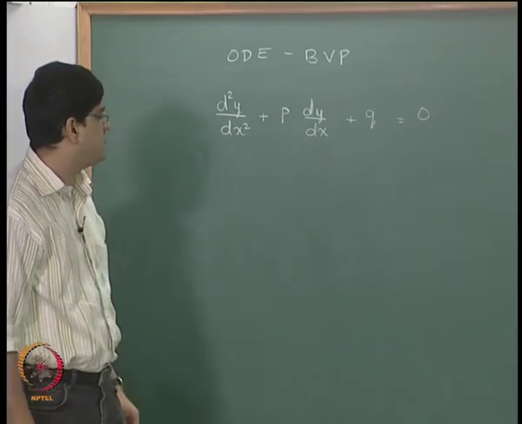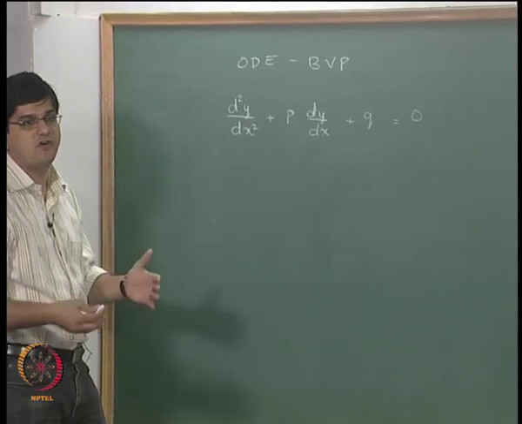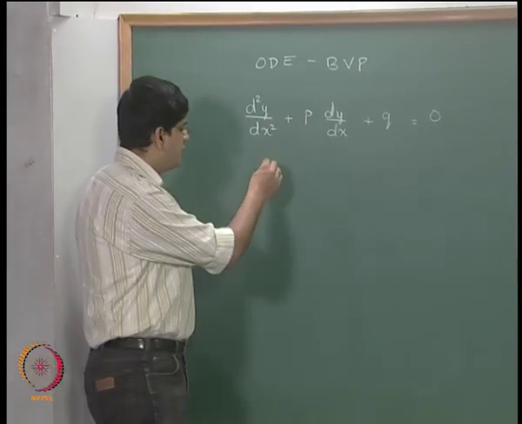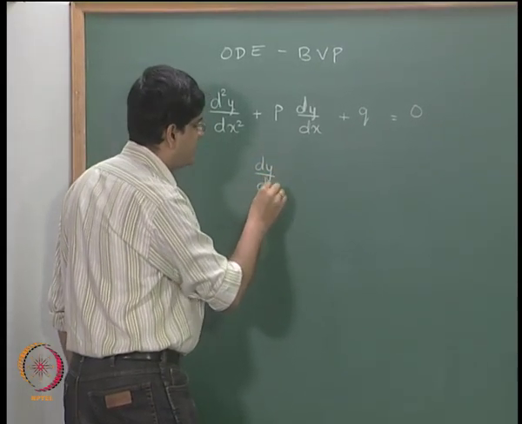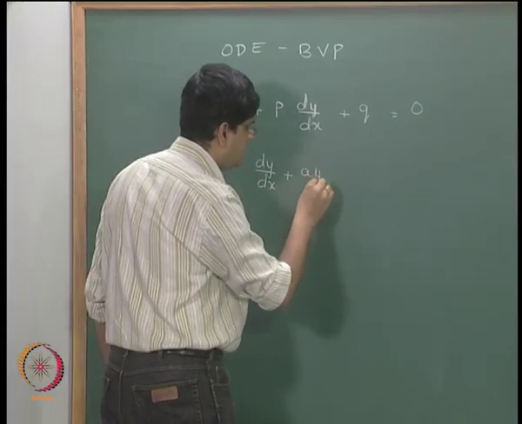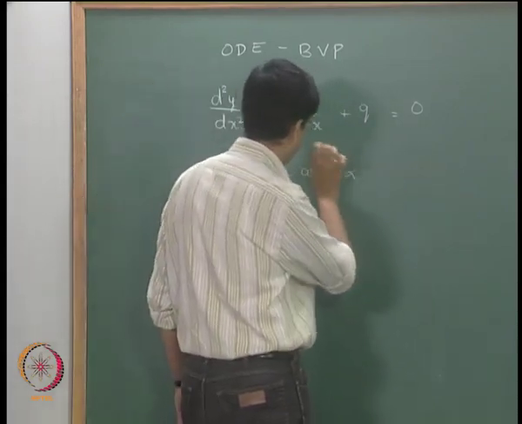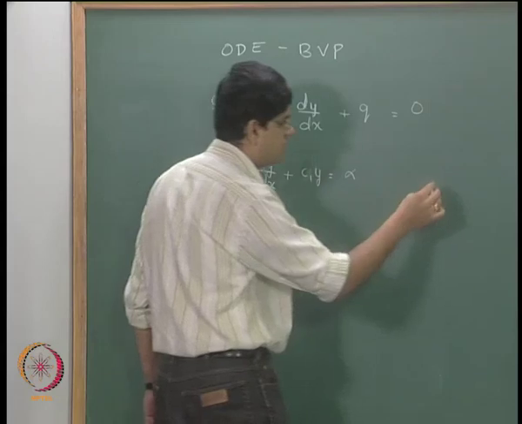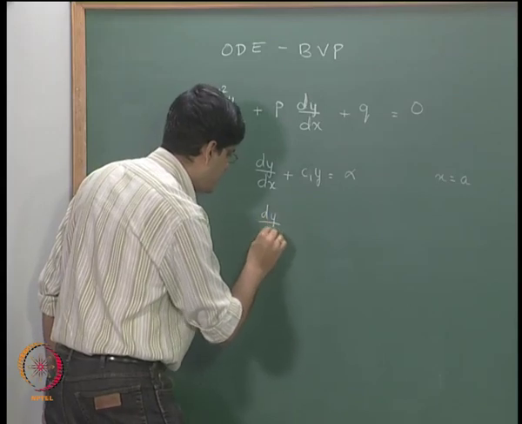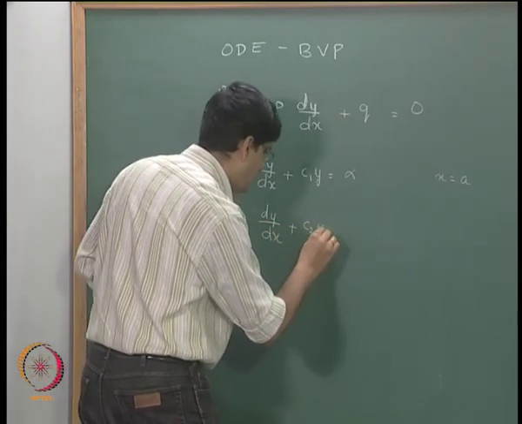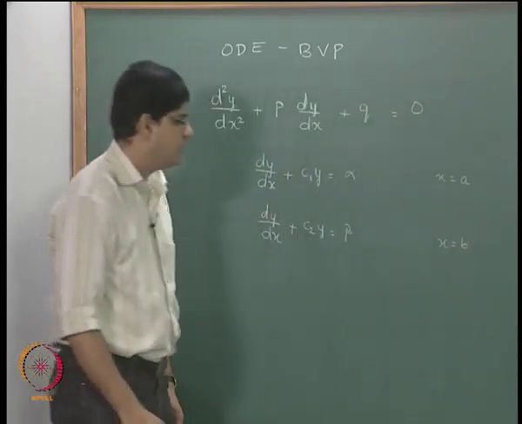Now in case of boundary value problems, let us talk in general about the case of a mixed boundary value problem, in which case we will have the boundary conditions in the form dy by dx plus c1 y equal to alpha at x equal to a, and dy by dx plus c2 y equal to beta at a certain value x equal to b.